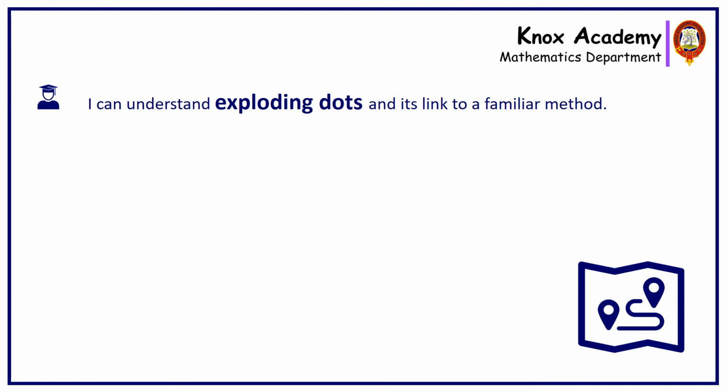We are going to first of all have a very quick look at something called exploding dots that we look at in various ways quite early in S1, and the link to what will be to us a familiar method for multiplication.